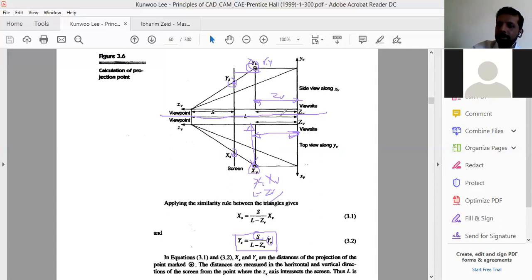So this is how this algorithm is going to run, this calculation is going to be done, and that is how we are going to project everything onto the screen. Whenever we zoom out, zoom in, and fit to the screen, this is going to continuously run in the background, and that's how we get the display. Sometimes, if the system is overloaded, we won't get the display immediately as we change. Sometimes the system will hang.